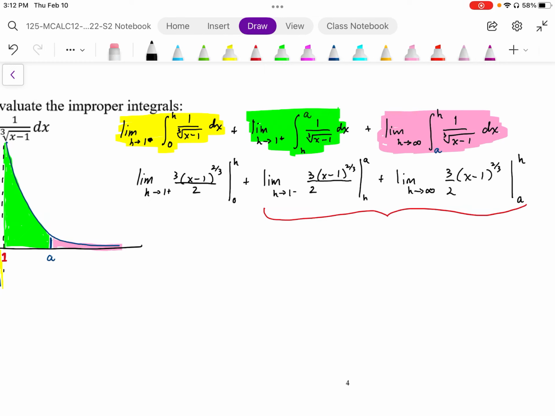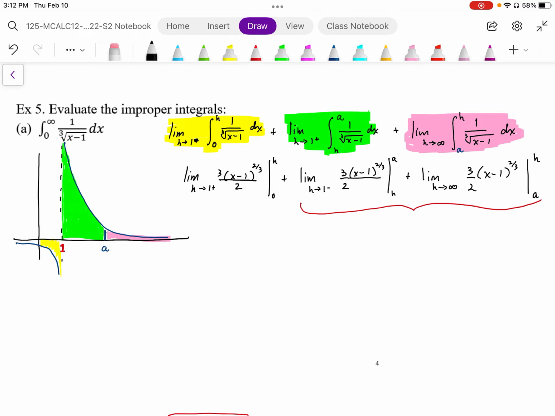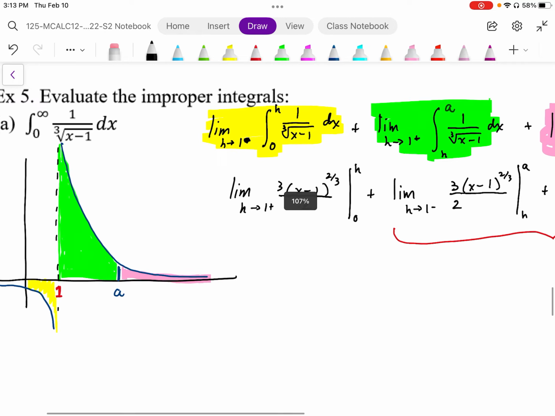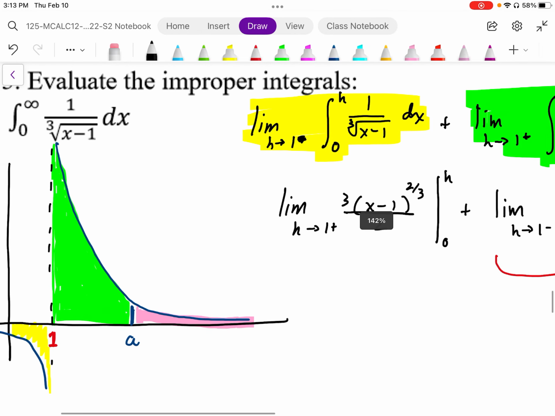Now we can't do this at the same time because we need a separate limit for approaching 1 from the positive side, and we need a separate limit approaching infinity. But in the end, those two together will give us one area. Okay, so integrating these three parts, the yellow part we can do independently.